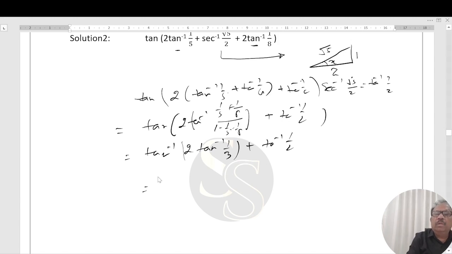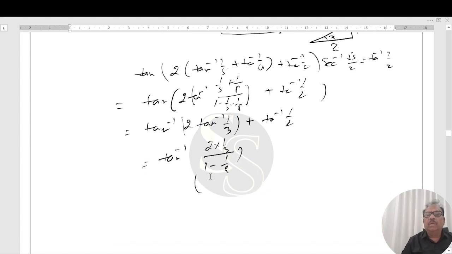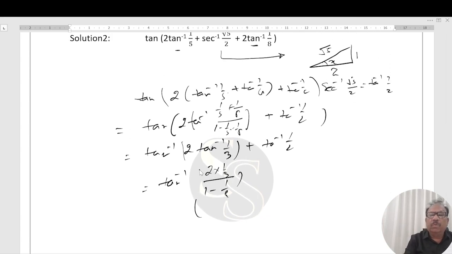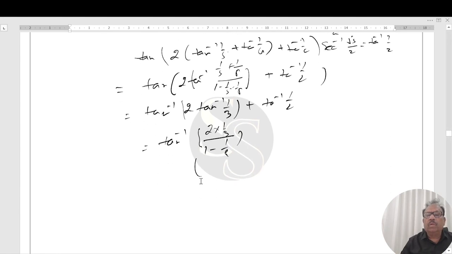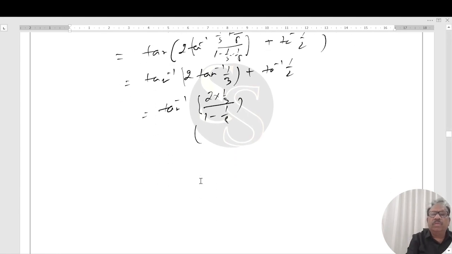So this can be written as tan inverse of 2 into 1 by 3 upon 1 minus 1 by 9. Right? This is the formula applicable. So on simplification we get tan inverse 3 by 4 plus tan inverse 1 by 2.